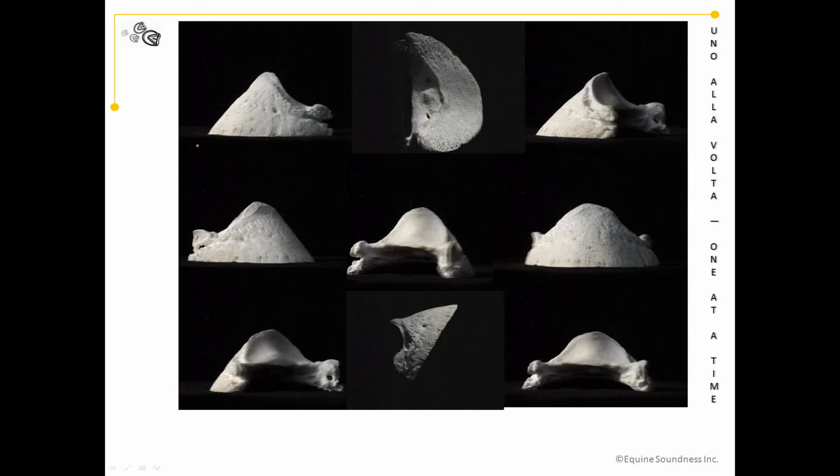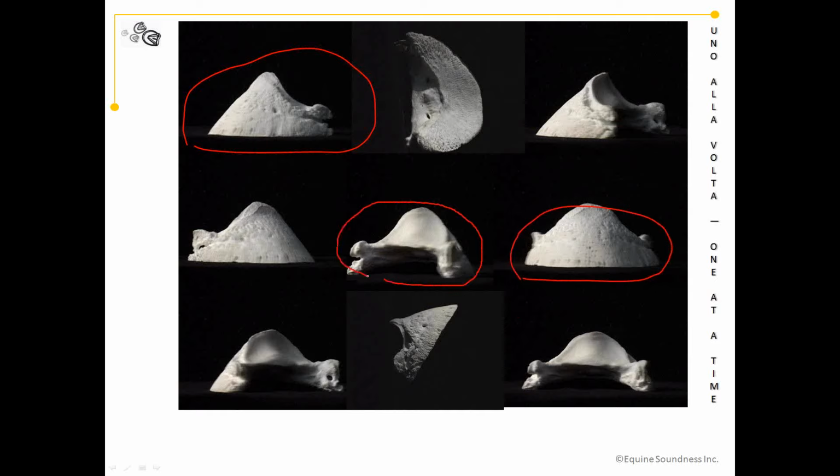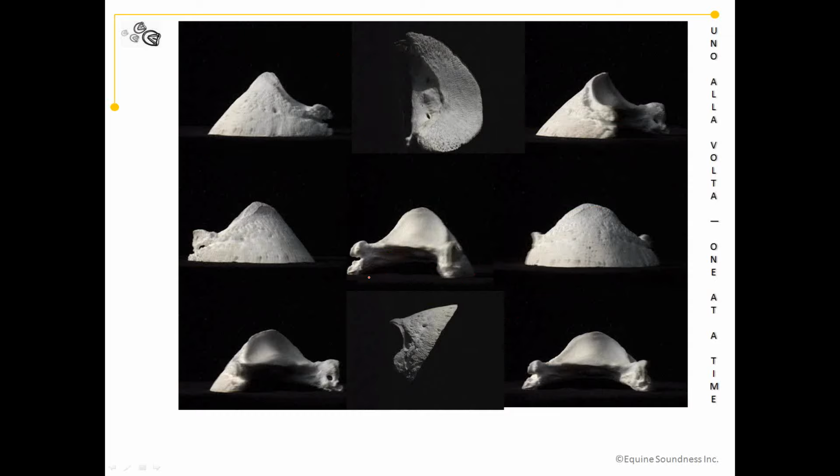So we see the coffin bone here one more time from the side and from the front and from behind, where the solar vault becomes apparent. And in this picture here, it is also apparent that the sole is vaulted.